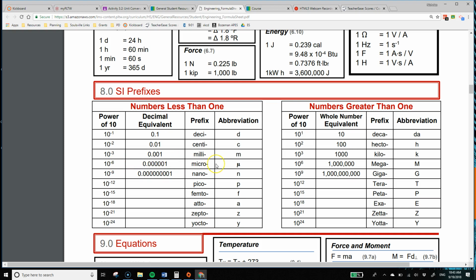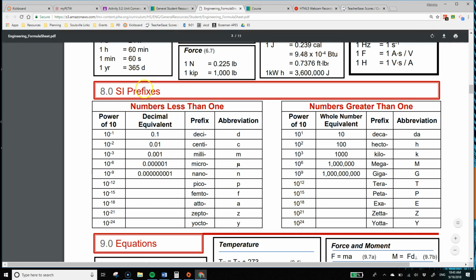So for instance, if I was doing meters, 1 micrometer is the same thing as 10 to the minus 6 meters. So the prefix equals that equivalent.